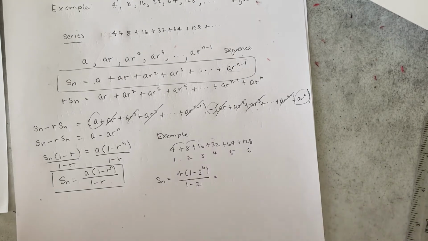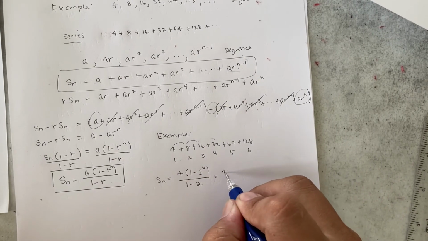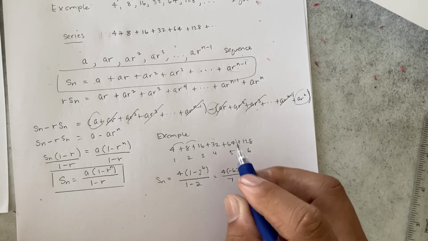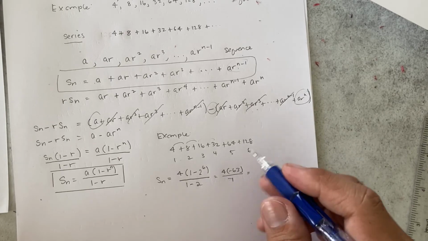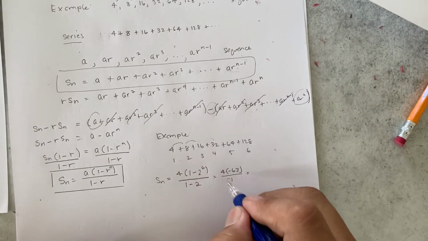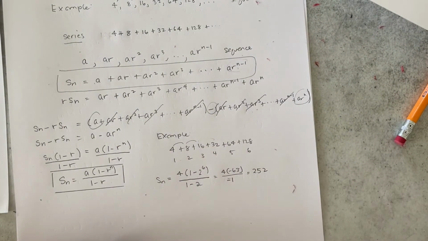When you get your calculator, 2 to the 6 is 64. 1 minus 64 is negative 63, over negative 1. 4 times negative 63 divided by negative 1 is equal to 252.